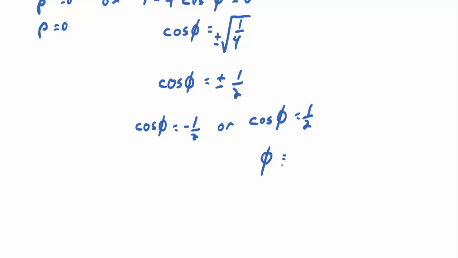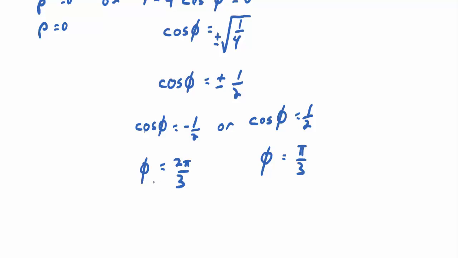Let's use radians here. So how about pi thirds? And then the cosine of phi equals negative 1/2. Well, okay. So you can treat the pi thirds like a reference angle. You know phi has to be between 0 and pi. So that means phi must be in the second quadrant to get the cosine of it to be negative. You know the reference angle is pi thirds. It must be 2 pi thirds. So phi could be 2 pi thirds.